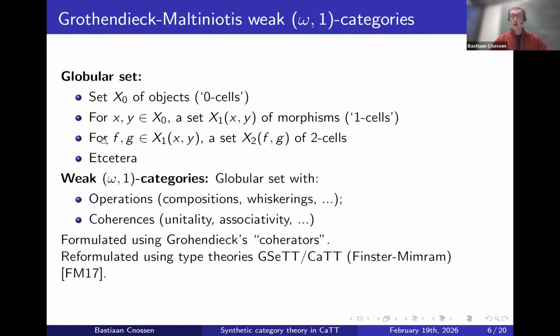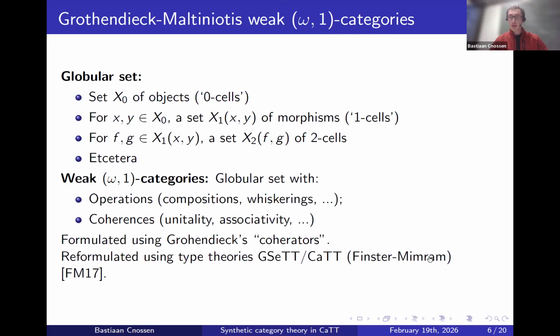First, the language of a globular set, and then this additional language of operations that we can have in a weak omega category. I should maybe clarify that for our project, we are interested in omega-1 categories, but this type theory actually just talks about omega categories with non-invertible cells in all dimensions.